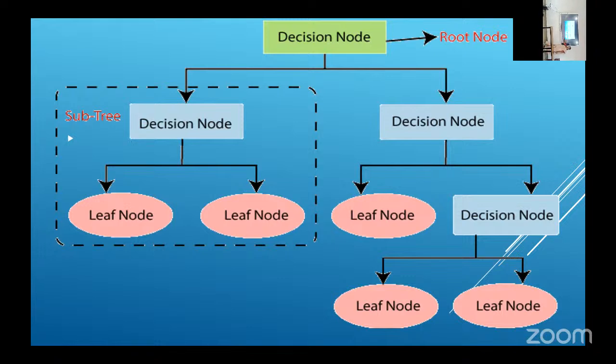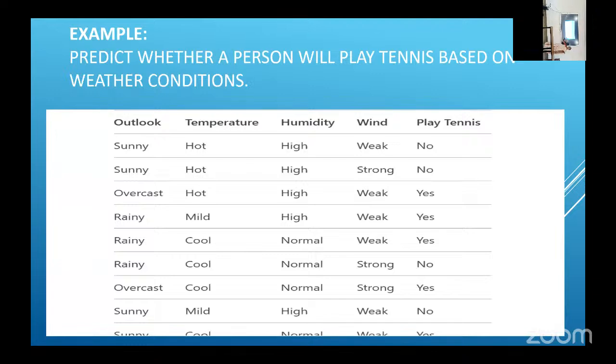Okay, next. So this is the example we dealt with yesterday based on classification and regression. Here, this data is the classified data. This data is the predicted data. What is prediction?